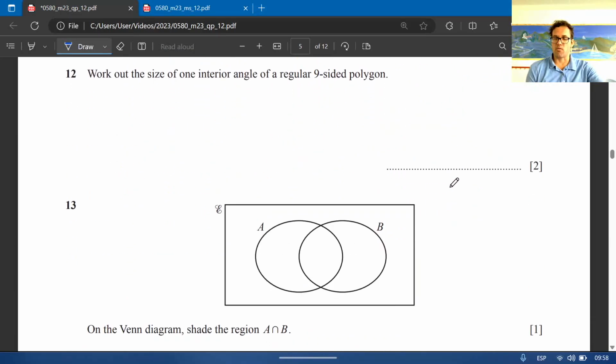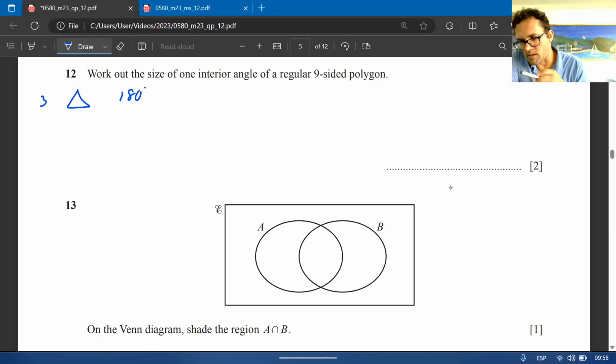Okay, the size of one interior angle of a regular 9-sided polygon. Here you need to remember the formula for the interior angles of any polygon. If you forget the formula, remember this: a triangle adds up to 180 degrees.